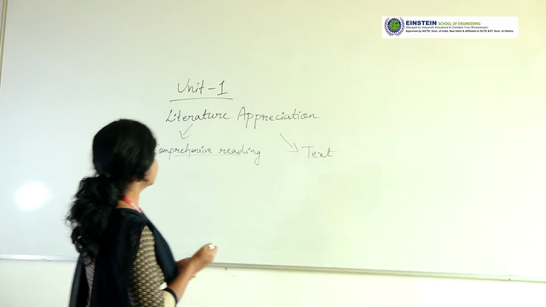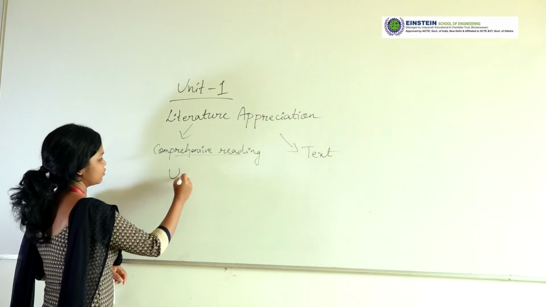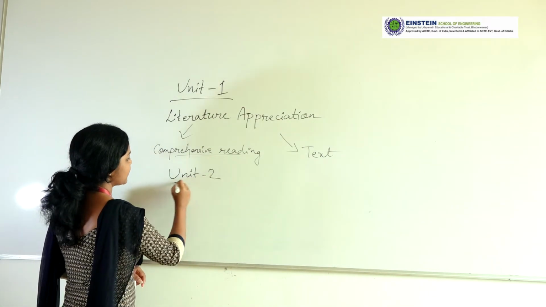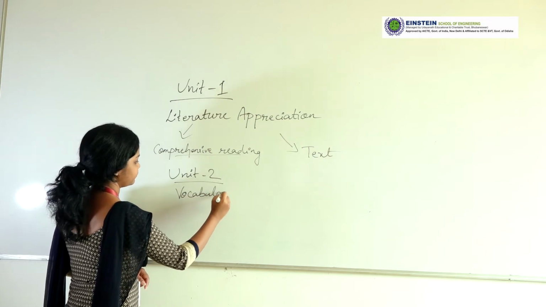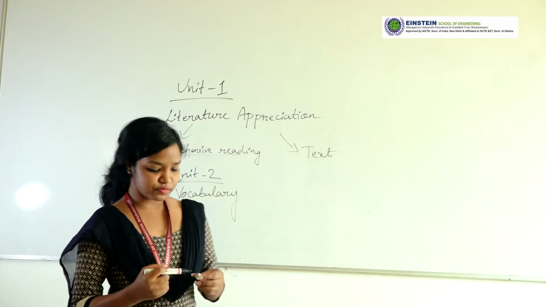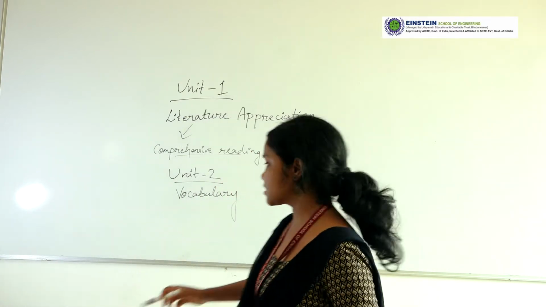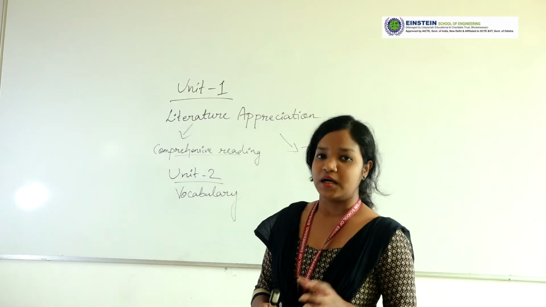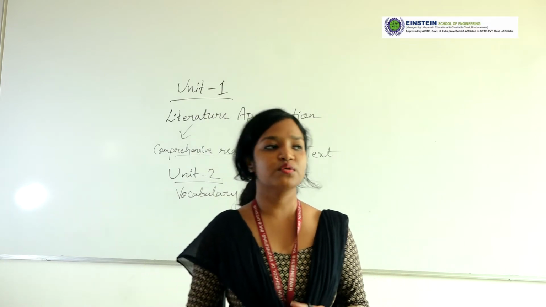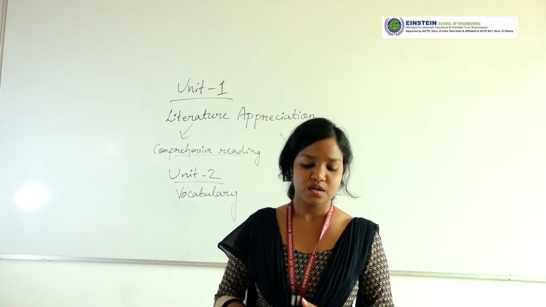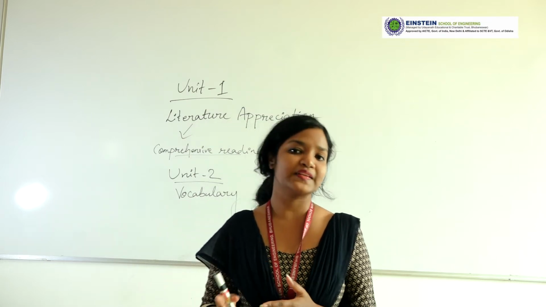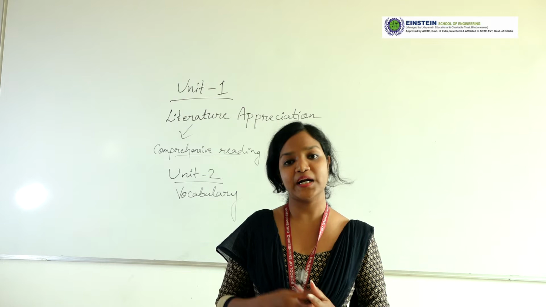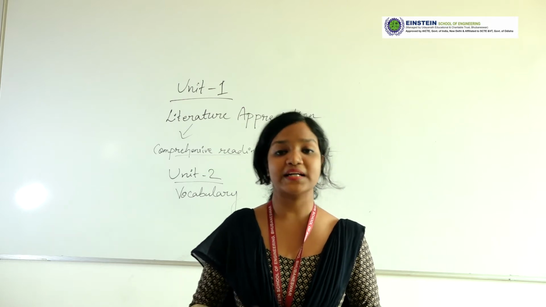And coming to the next unit, that is unit 2, it is vocabulary. The unit 2 focuses on vocabulary, and it uses the chapter called the use of synonyms and antonyms. So as we all know, synonyms means the words that are similar in meaning, and antonyms means the words that are opposite.